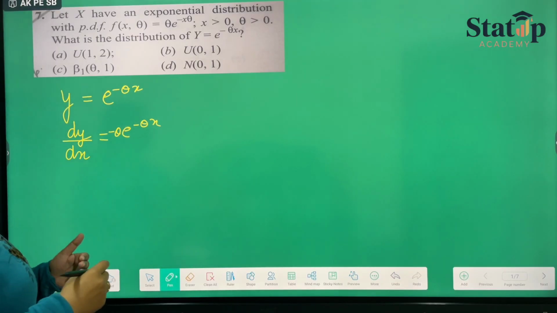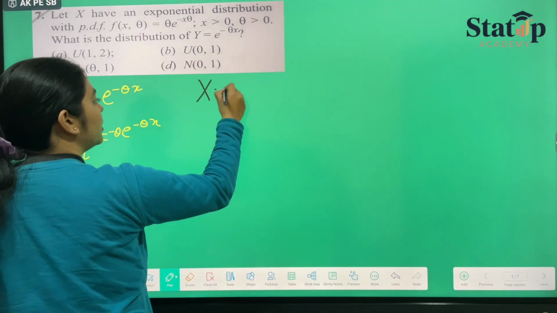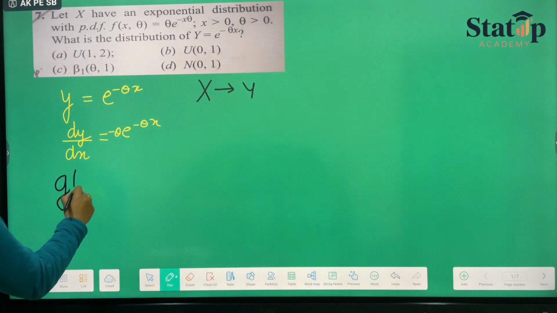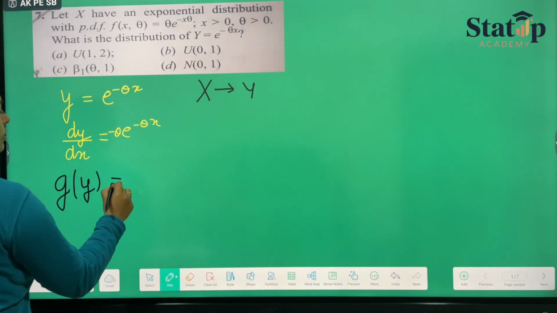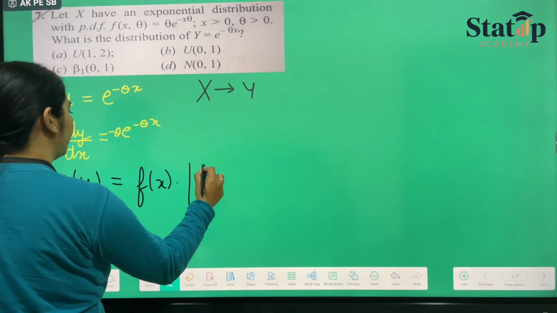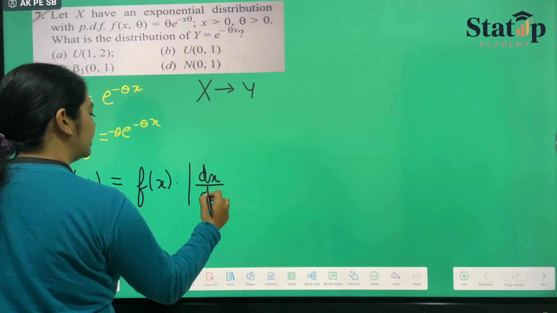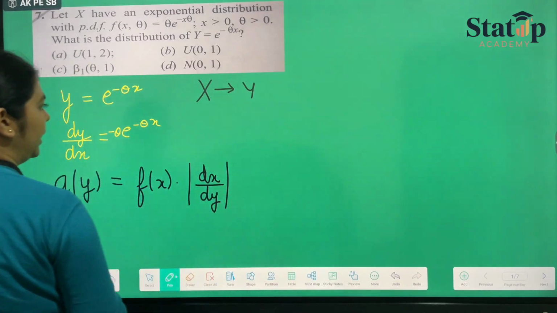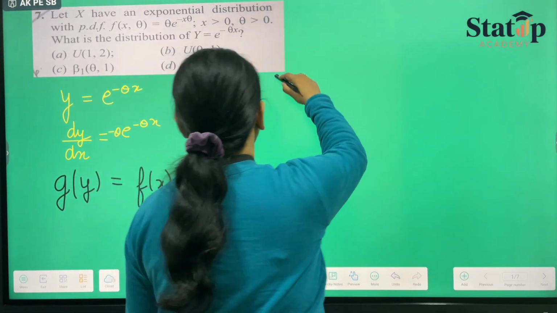If we have to change the distribution of one variable into another, then the formula is g of y equals f of x into modulus of dx upon dy. This is the changing formula.